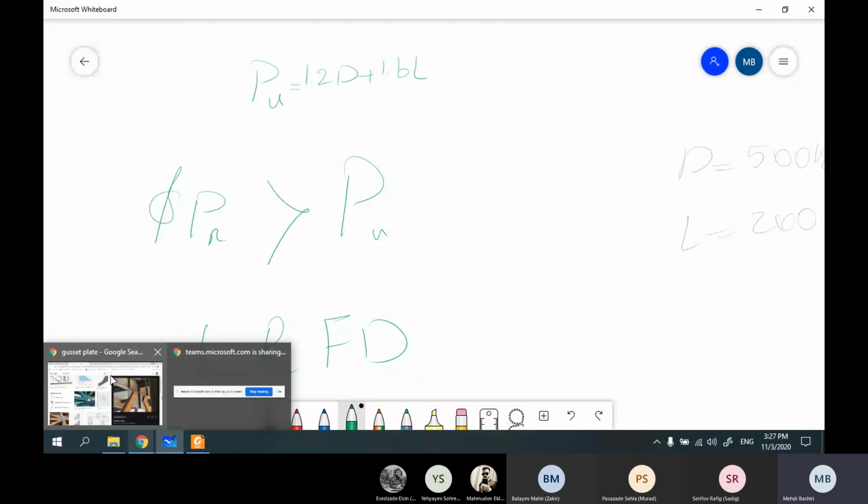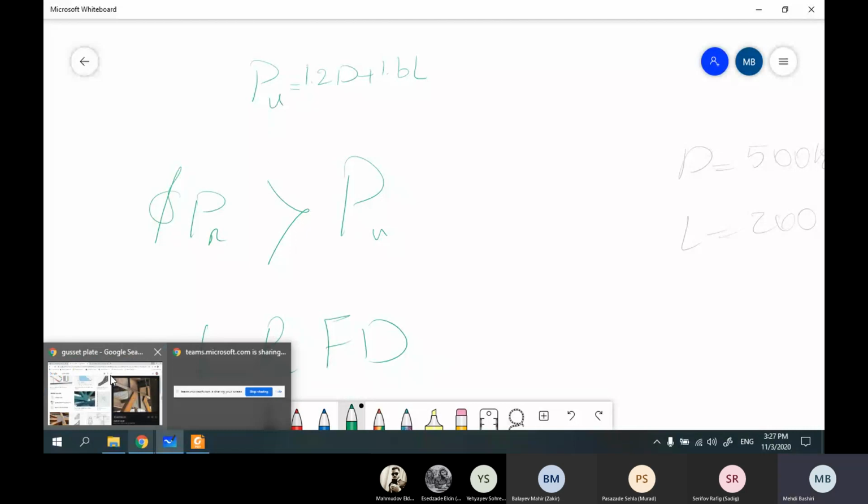Okay, you understand it? Yes, teacher. Okay, so each equation has its own phi or reduction factor.